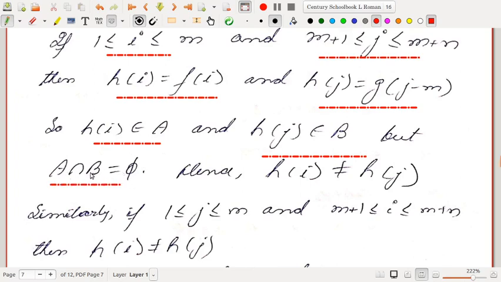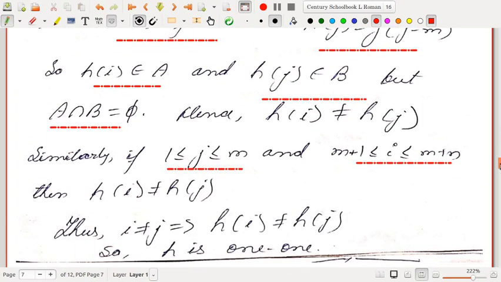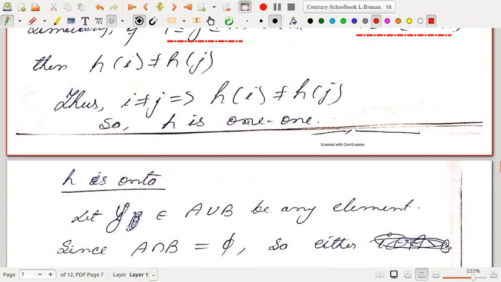That is, there cannot be any common element between A and B. That means h(i) and h(j) cannot be equal, since h(i) is an element of A, h(j) is an element of B. If they are equal, then A intersection B becomes non-empty. But it is given that A intersection B is empty, so h(i) and h(j) cannot be equal. Similarly, if j lies between 1 and m, and i lies between m+1 and m+n, then h(i) is not equal to h(j). So in all cases, i not equal to j will always imply h(i) is not equal to h(j). So h is a one-one map.